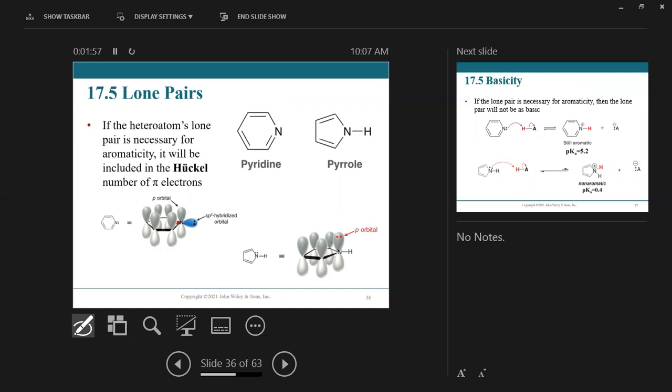So here's the key word: if the heteroatom's lone pair is necessary, it will be included in the Huckel number of pi electrons. Like in this case right here, we have 2, 4, 6. This would satisfy the 4n plus 2 rule right here.